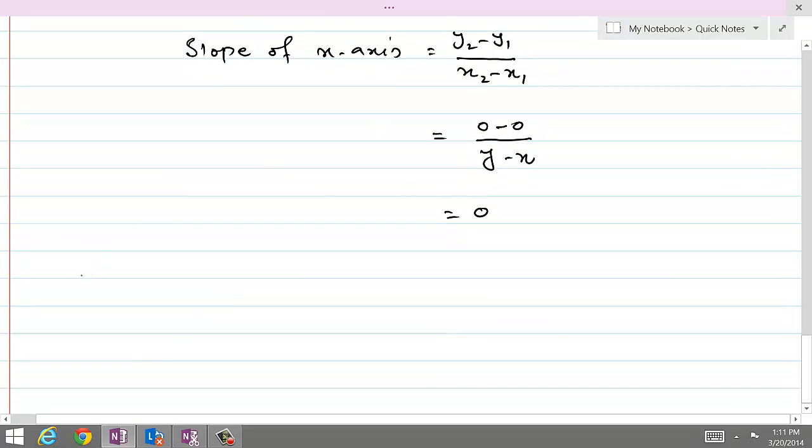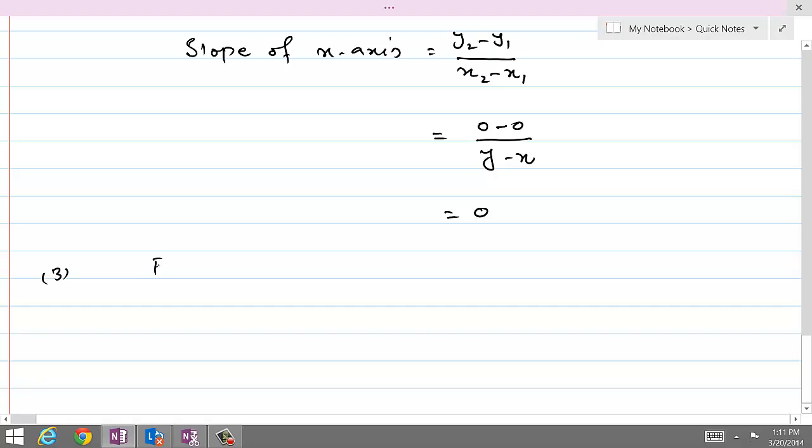And for the next question, in fact that's the fourth question, the slope of the y-axis. For the same reason, every point on the y-axis will have its abscissa equal to 0.